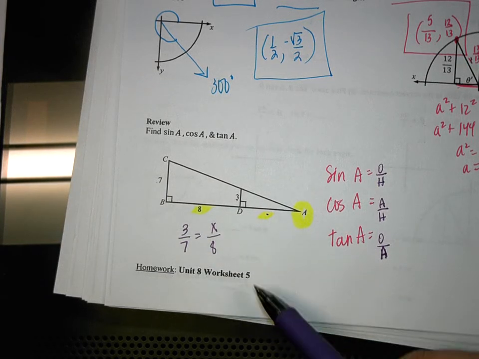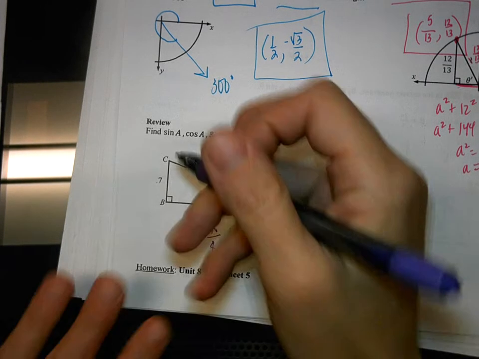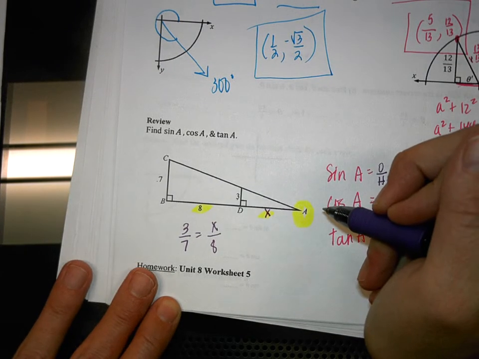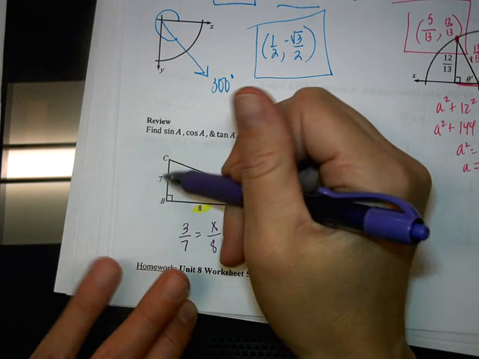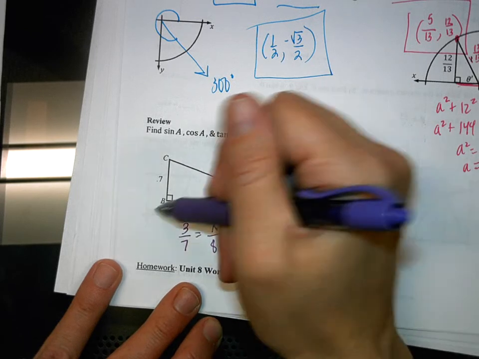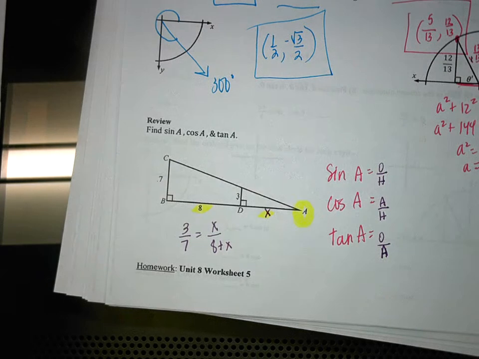But what I can do is we can give this x, okay? And so we could write this as this side being 7 and this side being 8 plus x. Does that make sense?